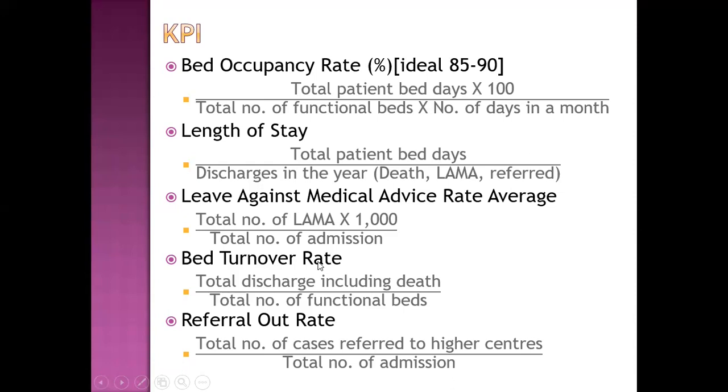Bed turnover rate is total discharge including death divided by total number of functional beds. Then referral out rate is total number of cases referred to higher centers divided by total number of admissions.